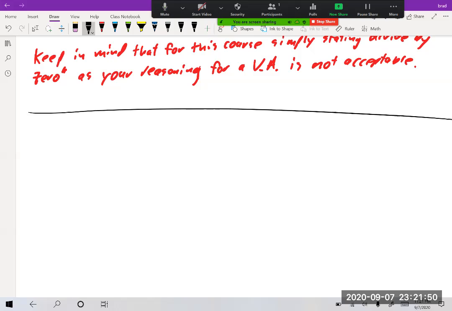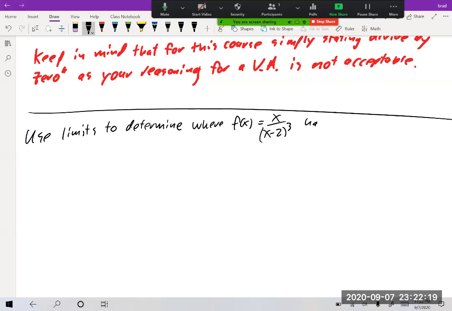It says use limits to determine where f of x equals x over (x minus 2) cubed has a vertical asymptote.